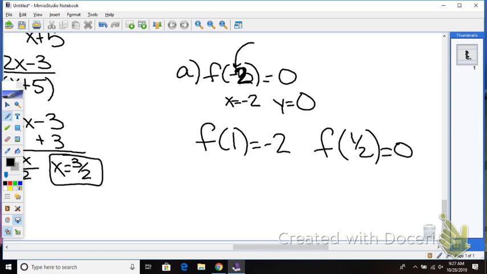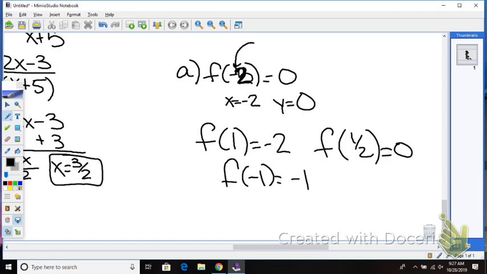And then the last one up here that we haven't done is negative 1. So f of negative 1. So our x value is negative 1, and our y value is negative 1? I'd say that's right in there. So we'd say that is negative 1.